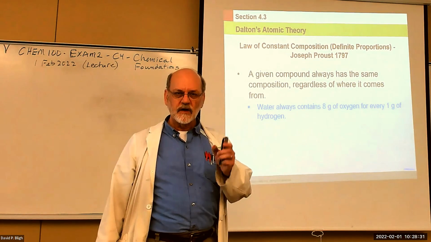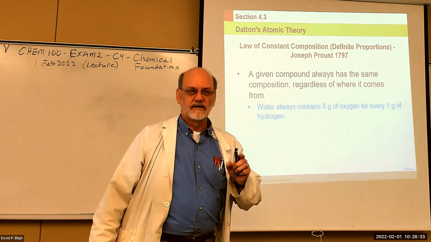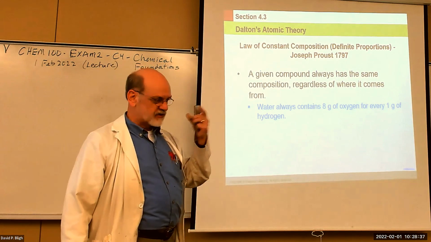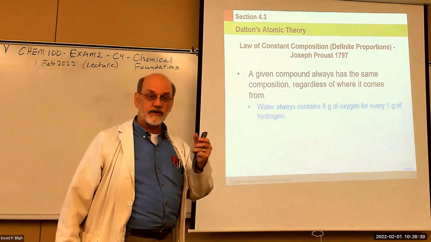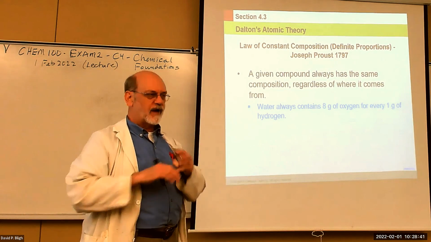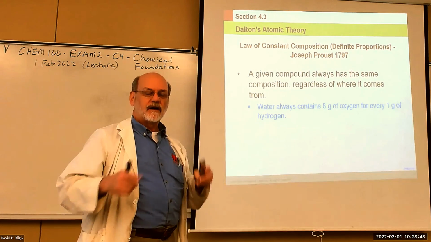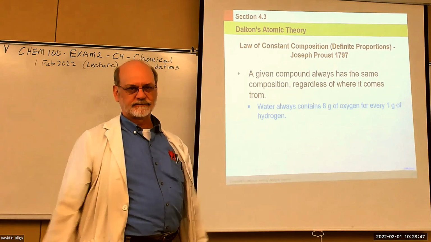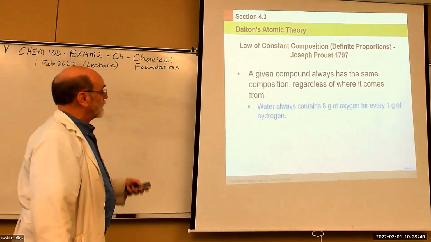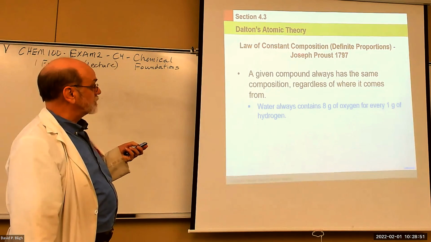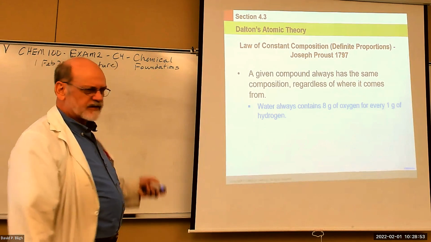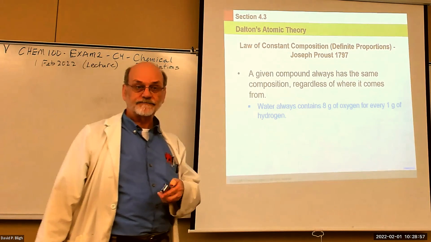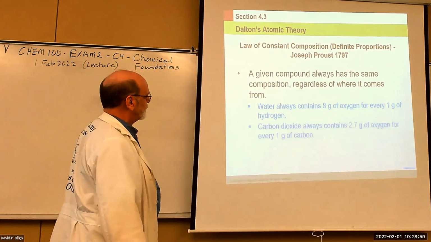That ratio is permanent and fixed for water. Right? For any other compound, say the same thing. Just determine what the mass ratios are, and no matter where that compound comes from, it will always have that composition. That's the law of constant composition. Sometimes it's definite composition. You may see it that way also. Okay?